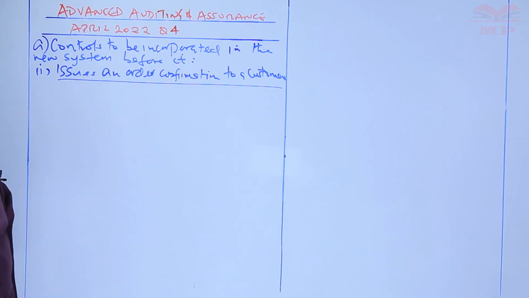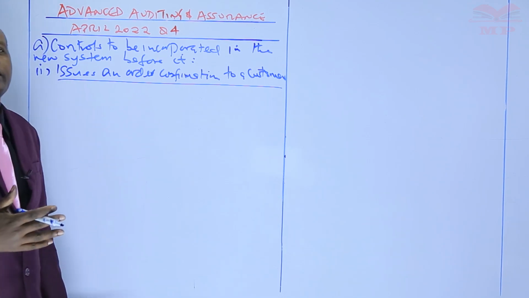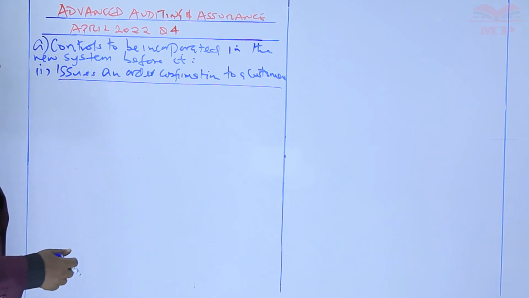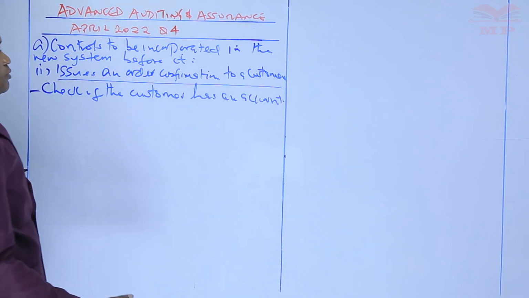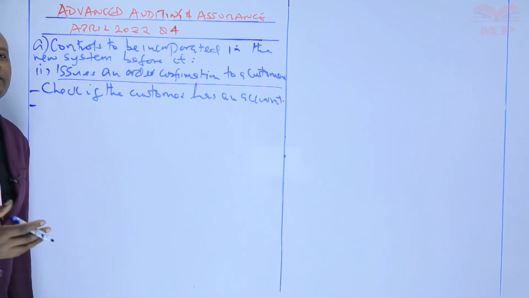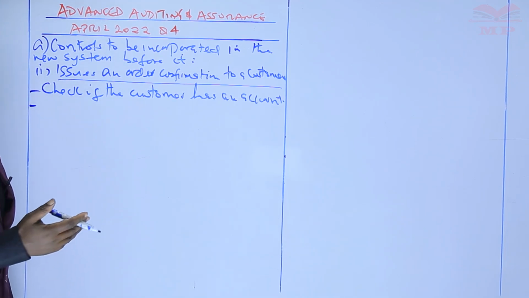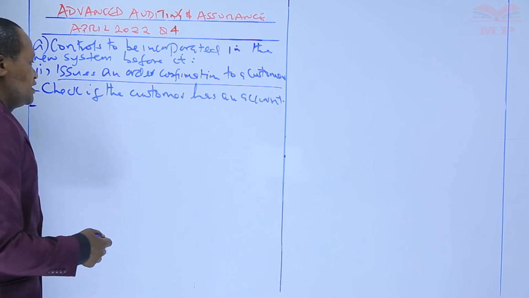All right. The first control, candidates, is to check if the customer has an account. The system should be able to check if the customer has an account. The second point is to ensure that the customer credit limit has not been exceeded.